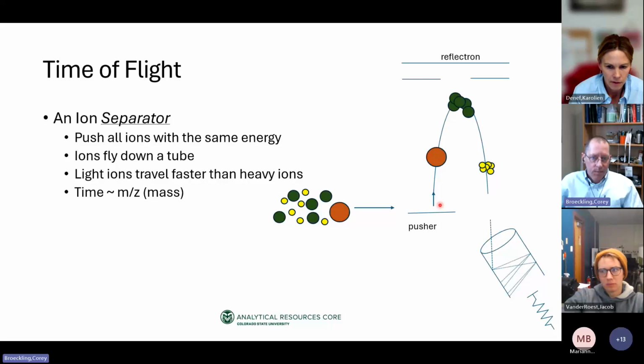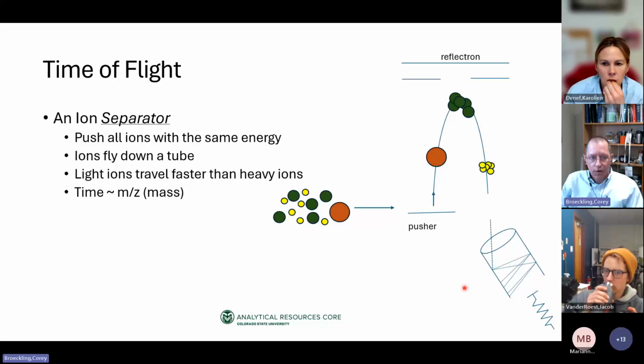Now, it accelerates them in a mass-to-charge ratio-dependent velocity. So the lighter the ion, the faster they travel. And this is a separator because we don't discard any of the ions. We let all of them hit the detector. They're just separated in time. And so a time-of-flight instrument is wonderful when you want to see all of the ions in a population, not just the ones that you're primarily interested in.